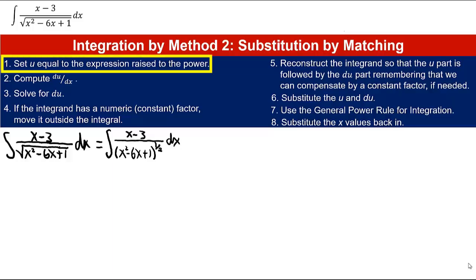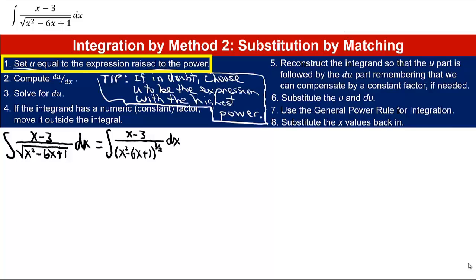The first step says to set u equal to the expression raised to the power. Now I'll say this, if you have any doubt about what you should choose for u, here's a little tip. For what we're doing now, and as you get used to this process, this tip will usually get you where you need to be. And that tip is, if you're in doubt, choose u to be the expression with the highest power.